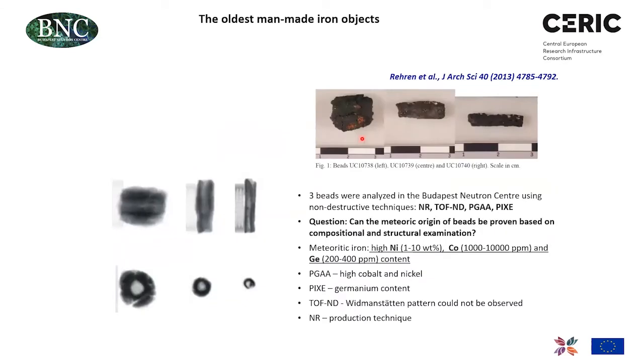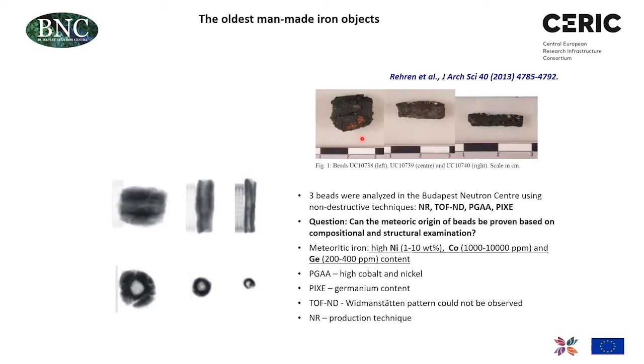Now, this was a very nice example where we collaborated with Tilo Reren from England. And this was an iron object recovered from the Egyptian pharaoh's necklace, and it was fully corroded, so from outside it was not possible to see anything. And with radiography we could reveal that it was not drilled through, but first it was hammered to a flat layer, and then it was rolled to form this cylinder.